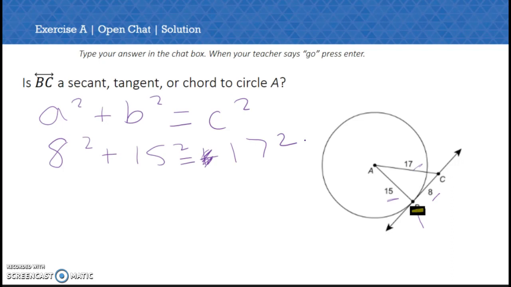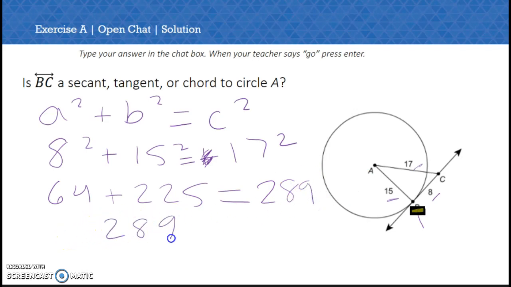So let's try it out. 8 squared we know is 64, plus 225. That's equal to 17 squared. Well, 17 squared is 289. And in fact, when we add up 64 plus 225, we get 289 equals 289.